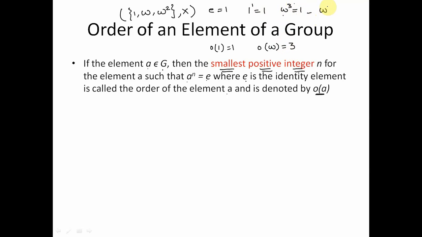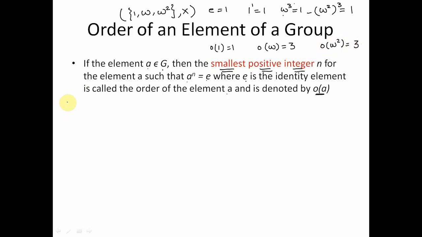Similarly, omega square to the power 3 is equal to 1. See, omega square to the power 3 is the same as omega to the power 6, which is omega cube to the power 2, that is 1 square, that is 1. So the order of omega square is also 3.